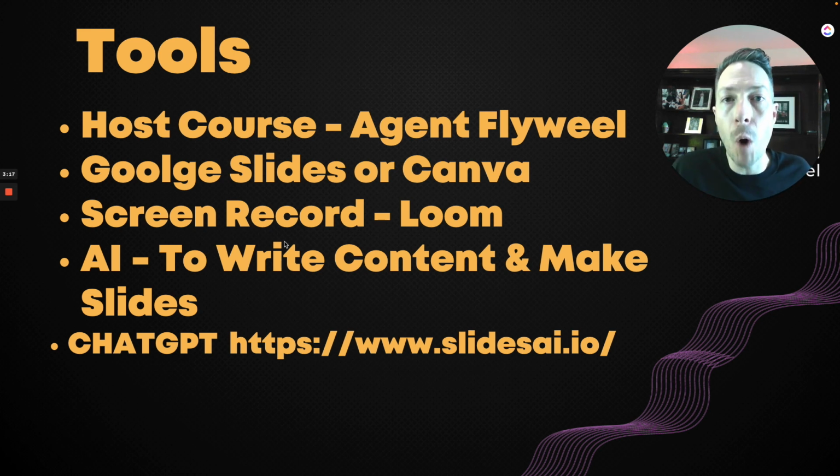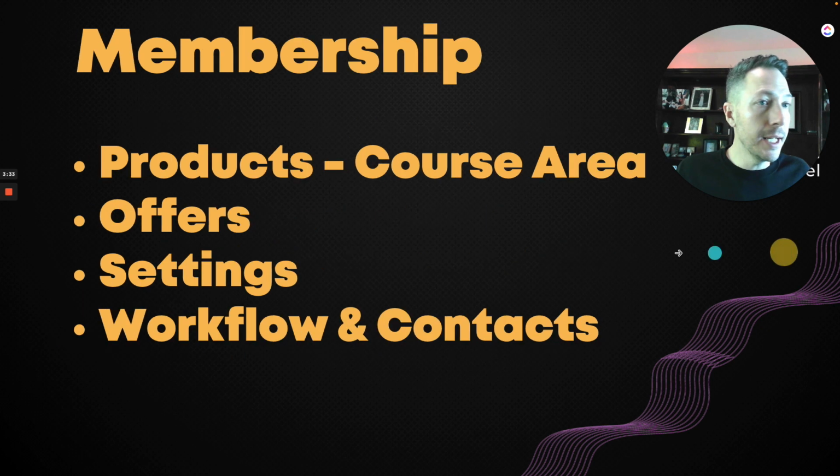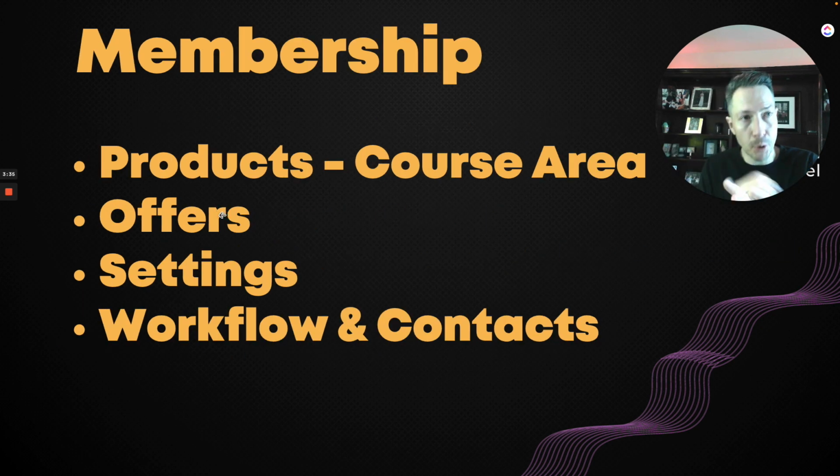So I'm going to walk you through how to do some of that, and then really dig into the step-by-step of how to use memberships in Agnetflywheel, and that's going to get a little bit more techie. We're going to cover products, which is the course area where all the information is going to be housed, and our offers.